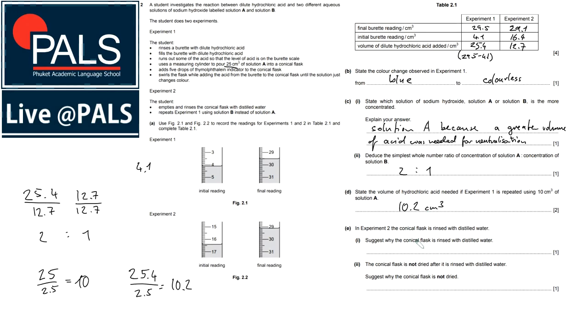In experiment 2, the conical flask is rinsed with distilled water. Suggest why the conical flask is rinsed with distilled water. And yeah, that is usually to clean the flask and remove any residues, any leftovers from our experiment 1.